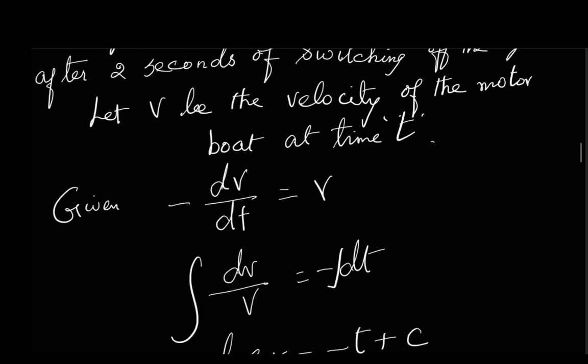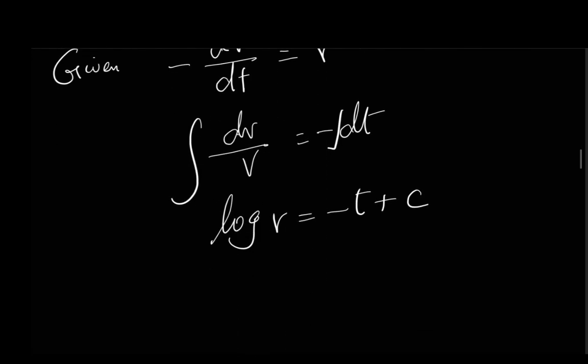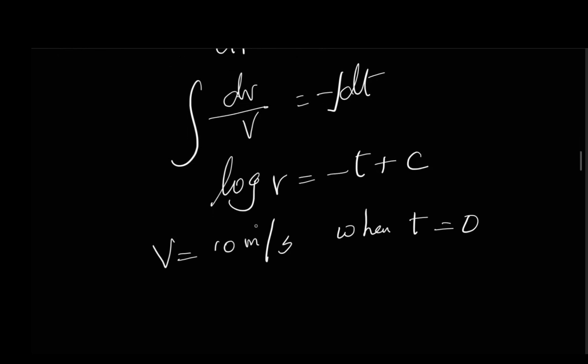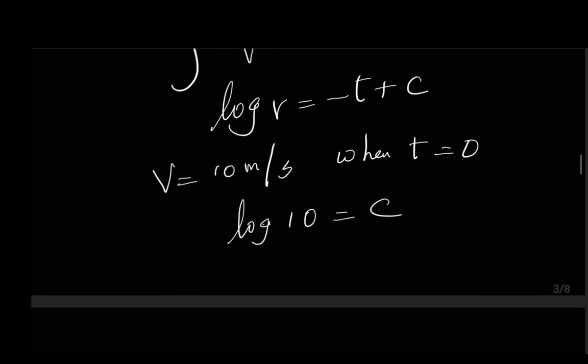So at the initial time the velocity is 10 meter per second, so when t is equal to 0, substitute here in the equation: log of 10, t is 0, so c. So c is equal to log 10.